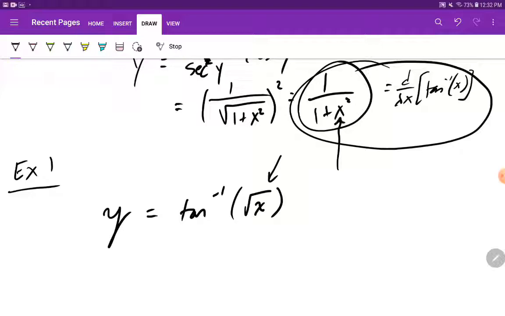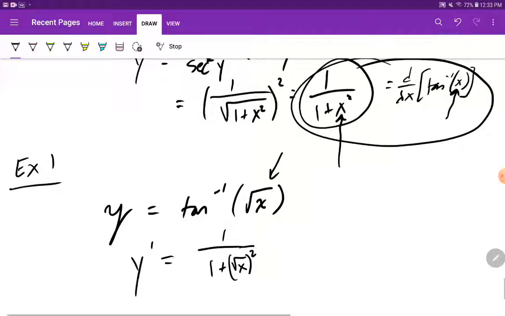So that tells you that whatever's inside of your tan inverse gets squared. So putting this together, this is going to be 1 over 1 plus root x squared. Does that make sense? So the argument inside of your inverse trig function is going to get squared.